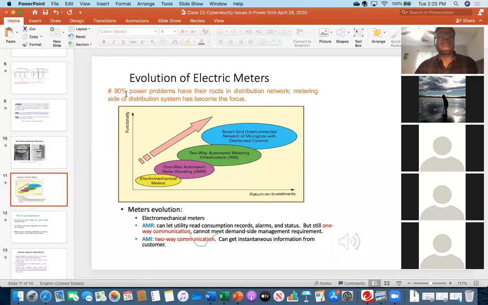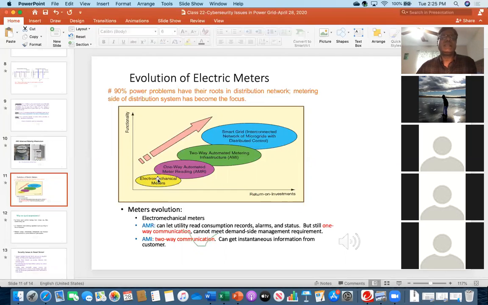That is the meaning I have written: 90% of power problems have their roots in the distribution network, because the metering side of the distribution system has become the focal point of discussion. That's why we are looking at this evolution. Here, on the y-axis is functionality, and on the x-axis is return on investment, which means performance.